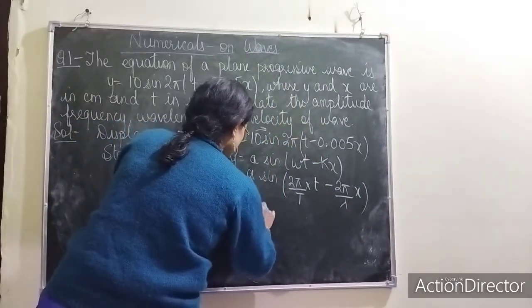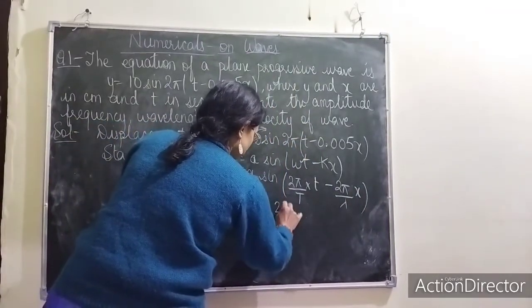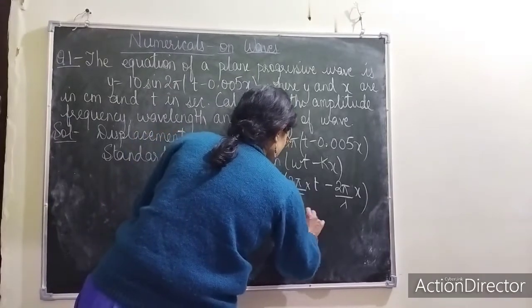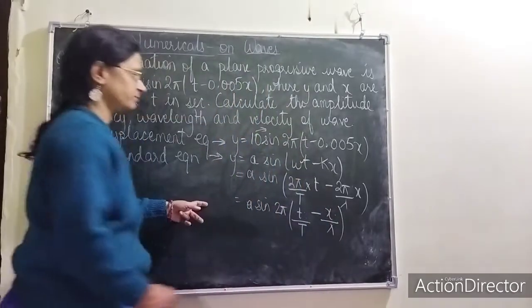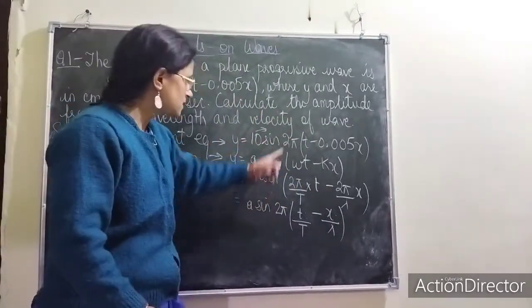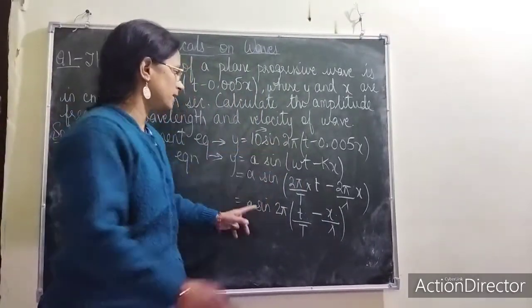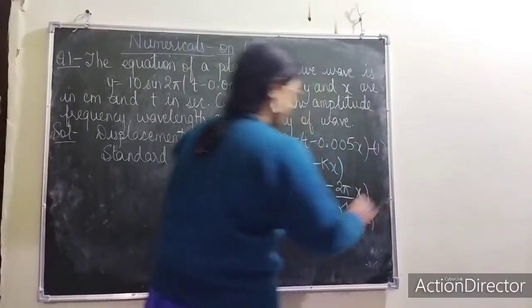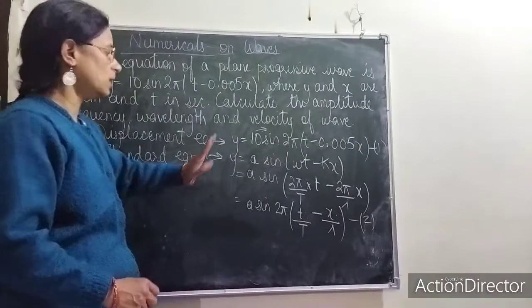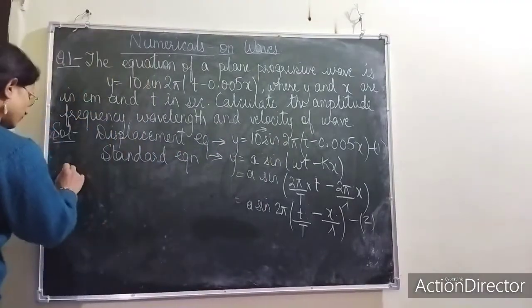So it is a sine 2 pi (t upon T minus x upon lambda). Now we are comparing equation 1 and 2.